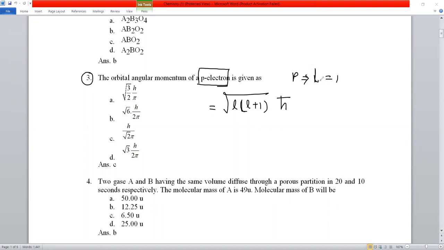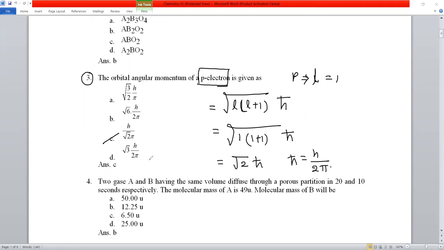Substituting, we get root of 1 into 1 plus 1, times h cross, which is root 2 h cross. Since h cross equals h by 2 pi, substituting gives root 2 h by 2 pi. So option C is correct, friends.